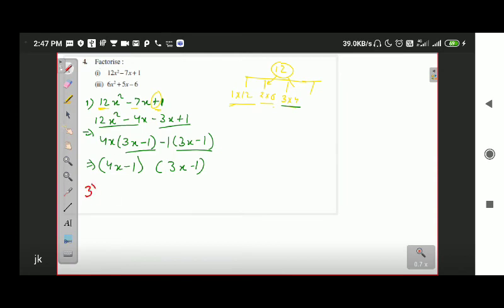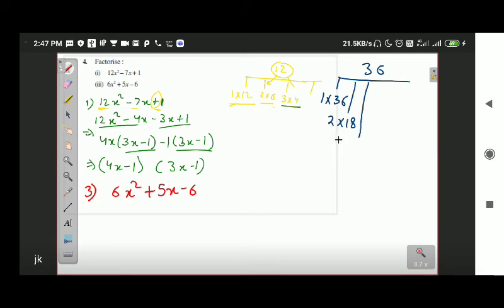Third part is 6x square plus 5x minus 6. Okay, so once again, let's see. 6 into 6 is 36. We have to determine various factors of 36. First one will be 1 into 36. Another one will be 2 into 18. 18 twos is also 36.